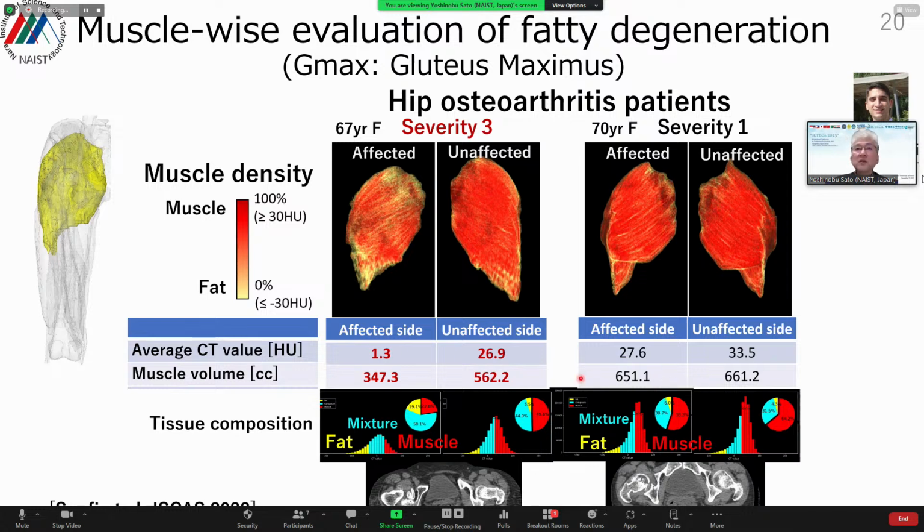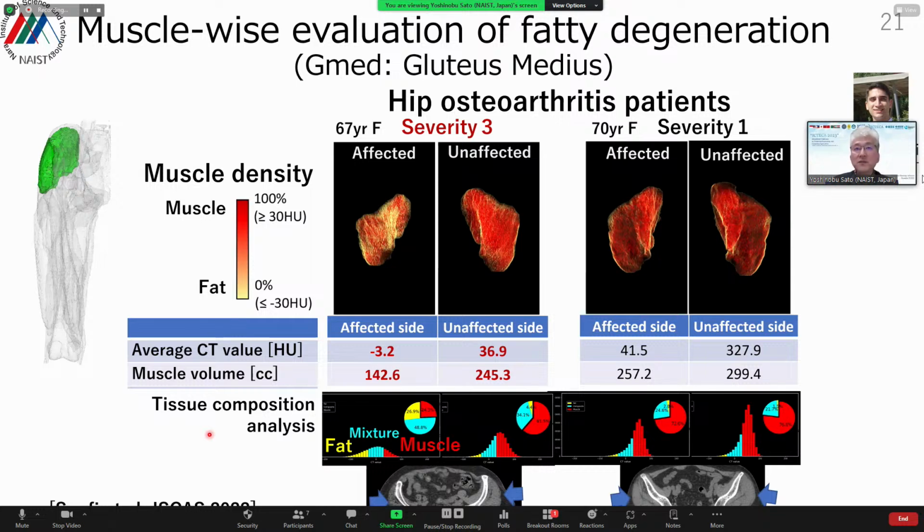For severely diseased patients, muscle volume may be 60%. Moreover, many fat regions are included in this muscle, so the healthy muscle region will be much smaller than 60%. Once we have segmented muscles, we can do this kind of analysis, and for other muscles we can do similar things.